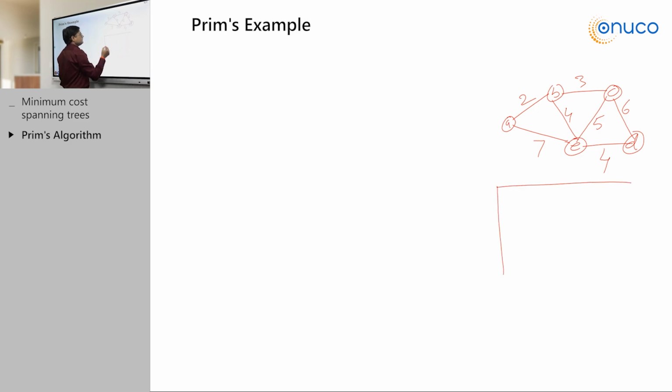As we have discussed in BFS and DFS, A, B, C, D, E on both axes. If there is no direct path, we consider it as infinity. A to A, do you have an A to A path? Just keep 0. A to B, 2. A to C, no direct path, hence we write infinity.